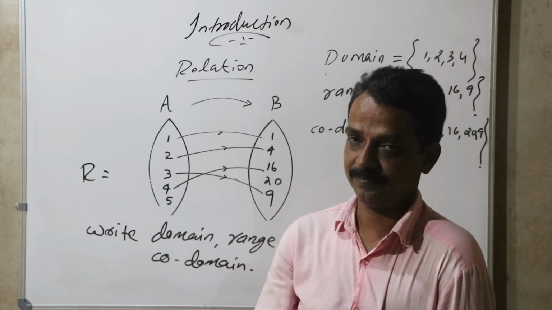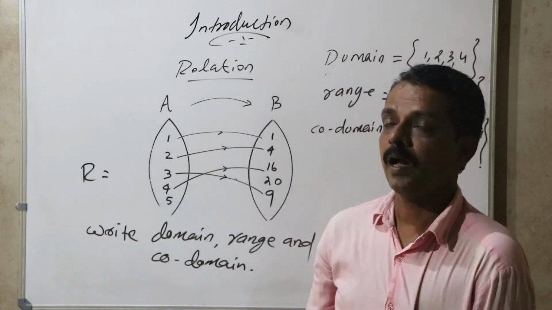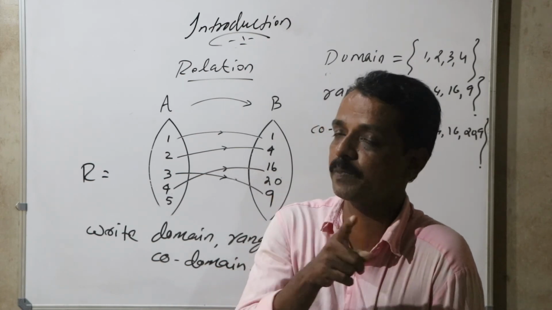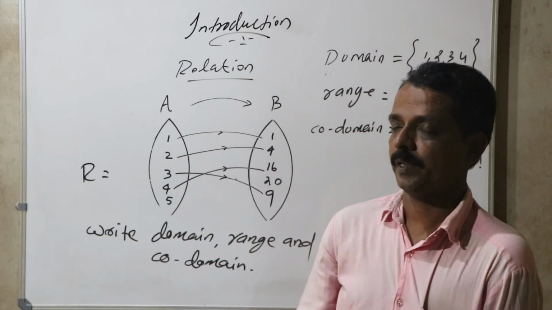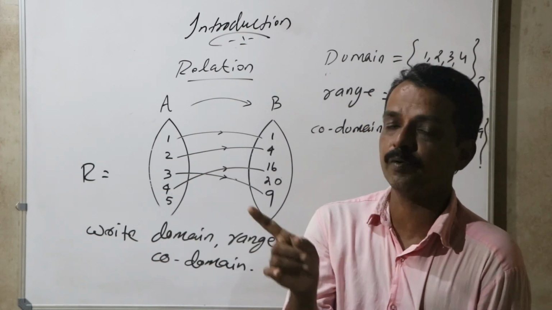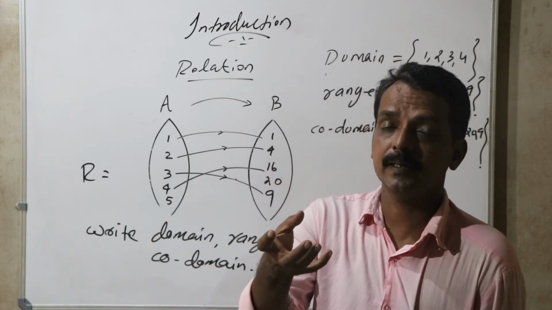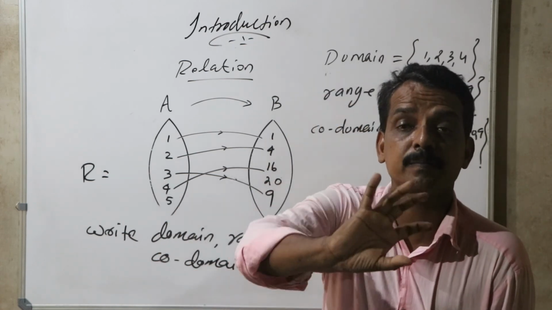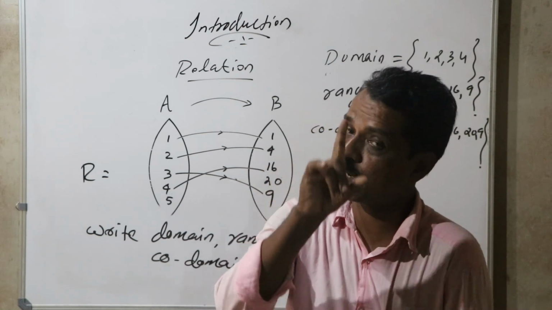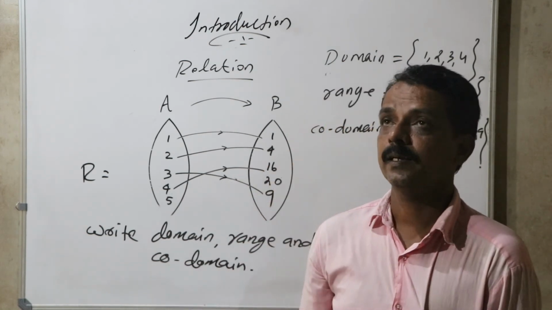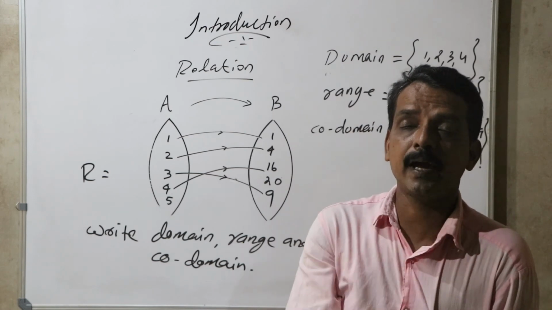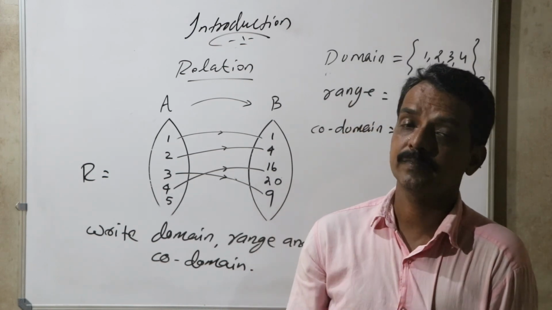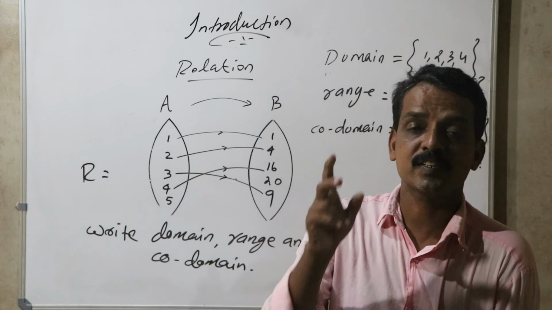We studied how to find the number of elements of A cross B: number of A cross B is equal to number of A times number of B. Then we studied relations: a relation from set A to B is always a subset of A cross B, and we can represent a relation in three ways: arrow diagram, roster method, set builder form.